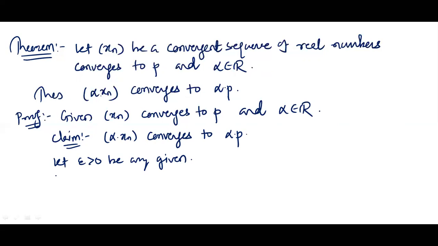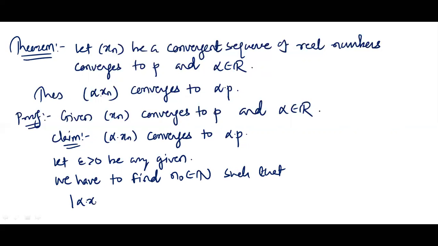To prove the claim, we have to find a natural number n naught such that mod of alpha xn minus alpha into p is less than epsilon for all n greater equal n naught. Okay.